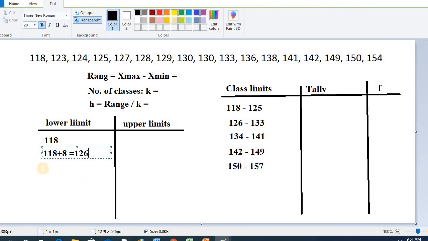Next, the next lower class limit: 126 plus 8 is equal to 134.